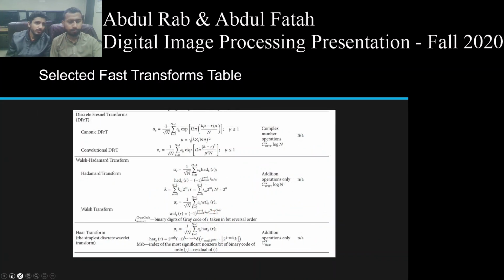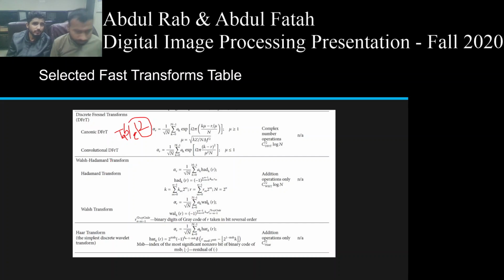So there is also a discrete Fresnel transform, which was one of the transforms that we have selected. And this is the continuation of, I think, table 1. No, this is not table 1. This is the continuation of table 2. So in this we are actually looking at the definitions of the transforms that we discussed in table 1.